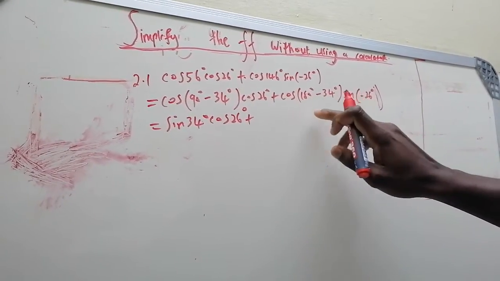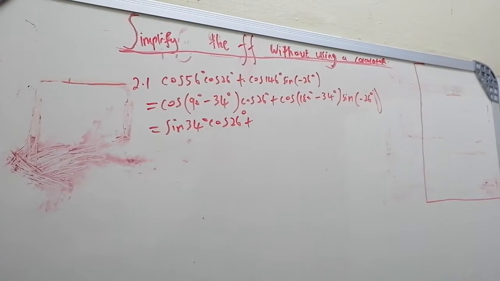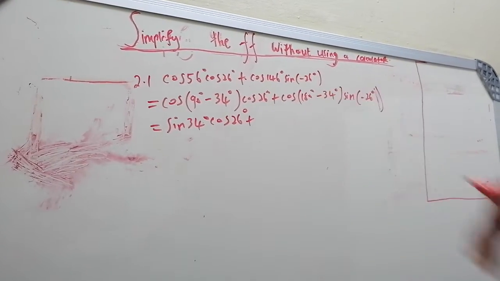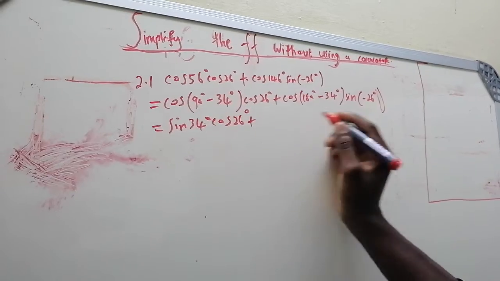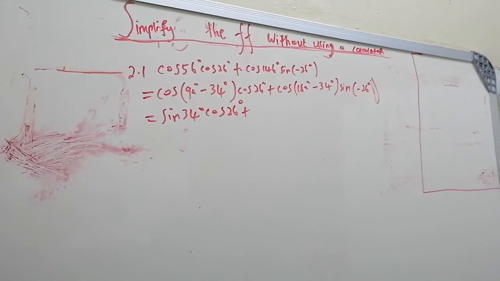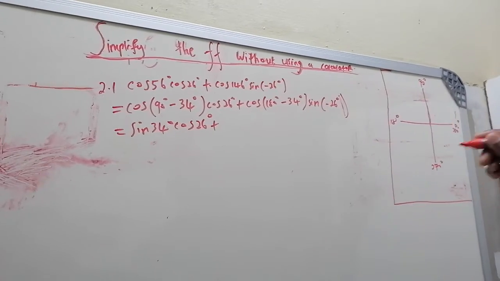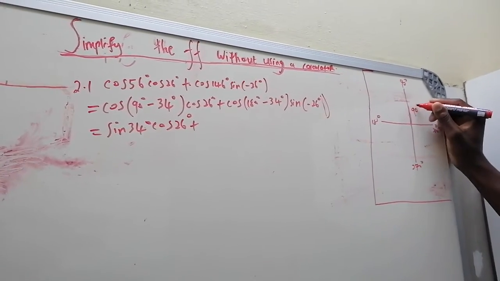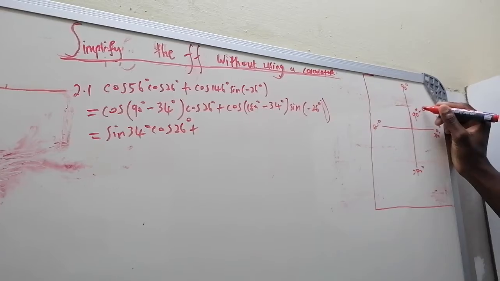Then cos into 180 degrees minus 34 degrees. That is a second quadrant, which is, okay, we all know that here we have 90 degrees minus theta.